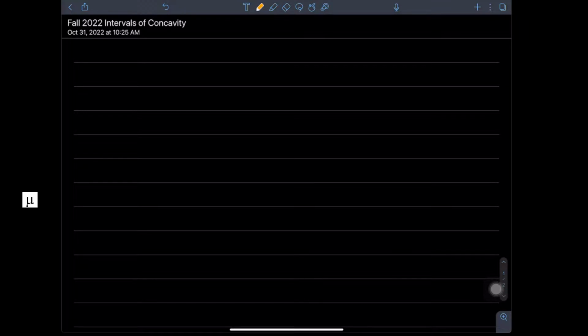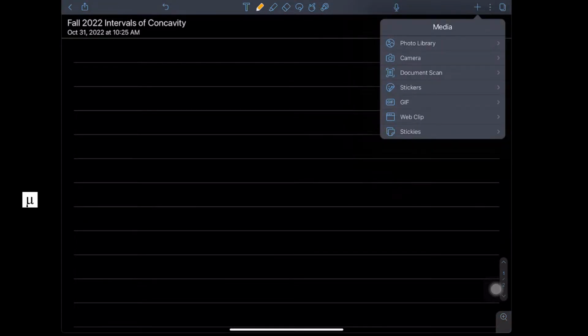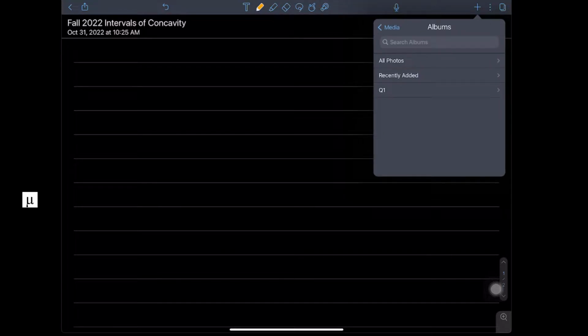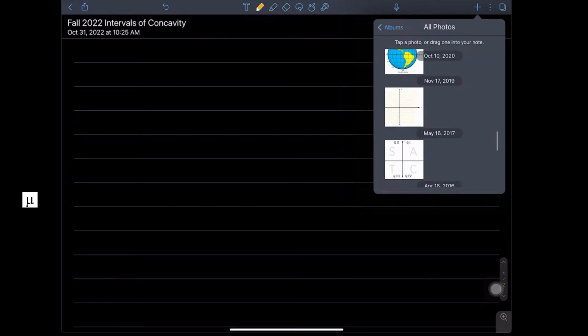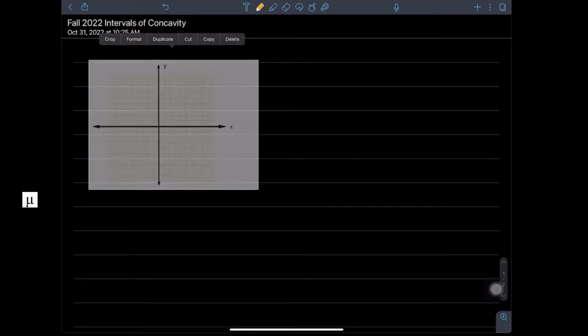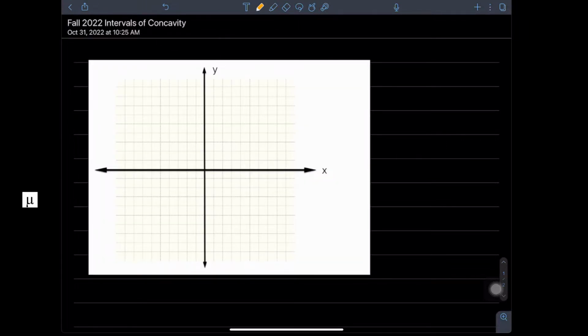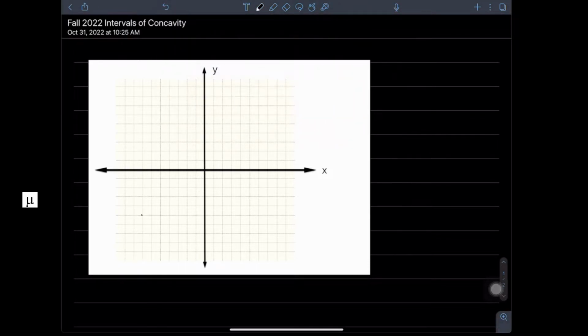Okay, let's talk about concavity. So I'm going to bring in a graph, maybe, or a picture. Okay, so I'm going to draw a picture for you guys here.